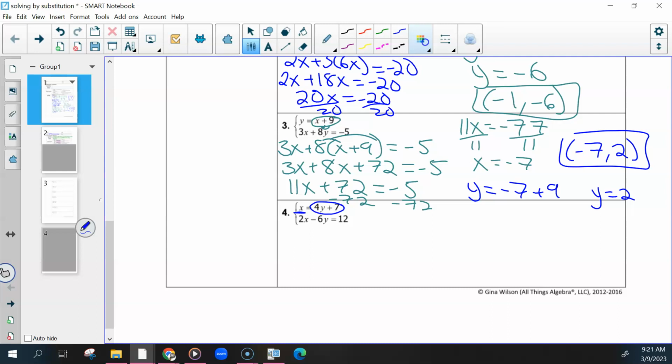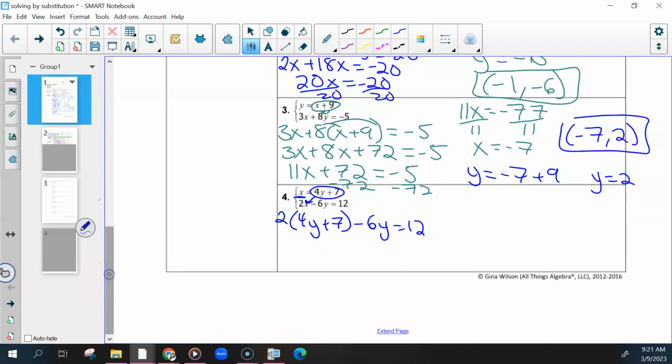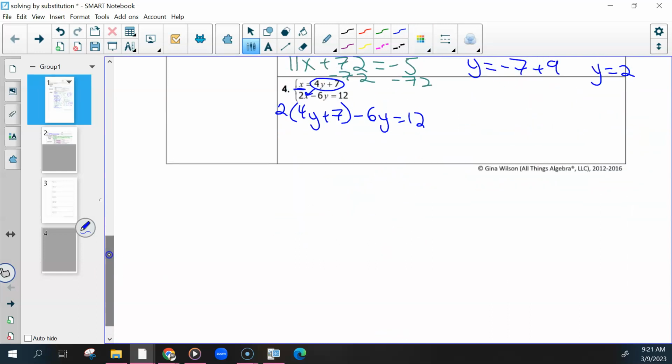Where? Depending on what's already solved or what you end up solving for, you have to make sure you put it in the right place. If you put it in the wrong place, you're going to still have two variables, and you need to have just one as you're solving.